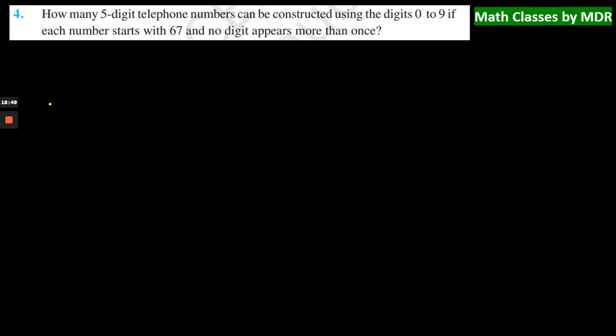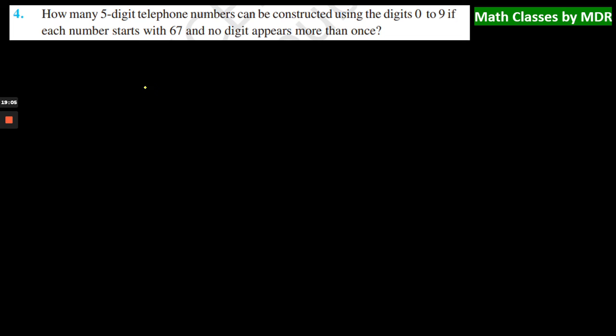Now let's see the fourth one. How many 5-digit telephone numbers can be constructed using 0 to 9 if each number starts with 6, 7 and no digit appears more than once? Let's see this.